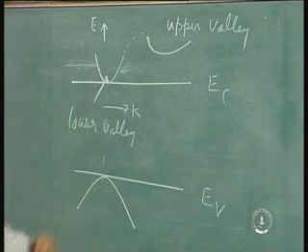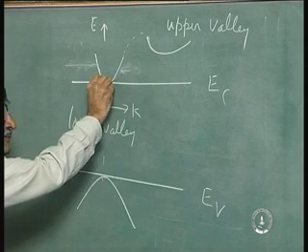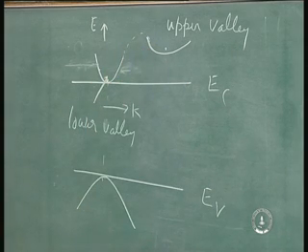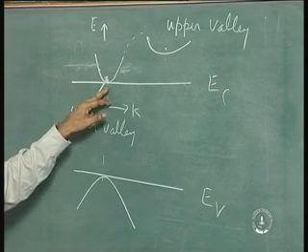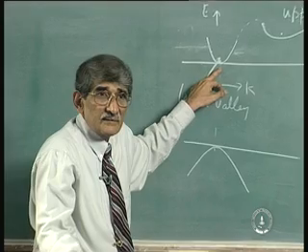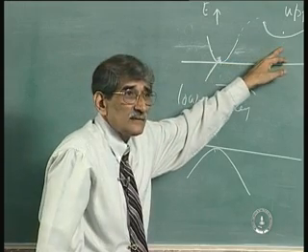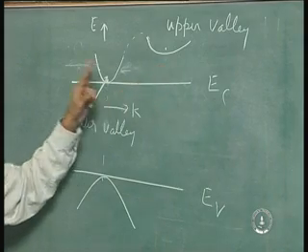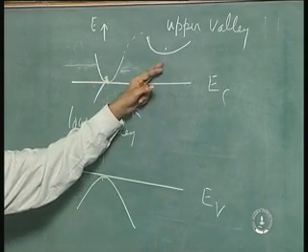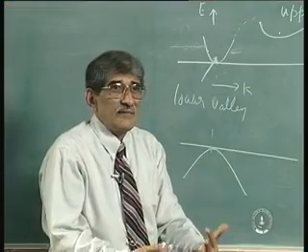More precisely, the effective mass of electrons here is smaller compared to that. So, if the electron is in this region, the effective mass is smaller. If the electron is here, the effective mass is higher. If the electron is transferred from here to here, suddenly it finds itself heavy.